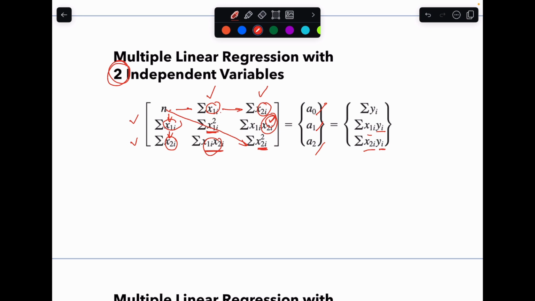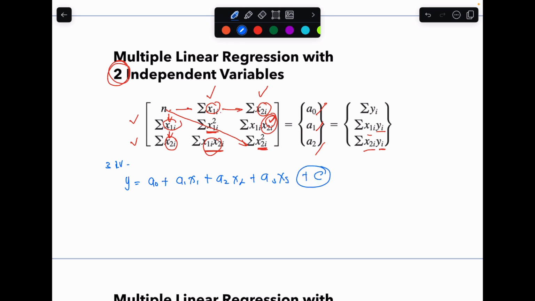But then again, if we have three independent variables, y equals a sub 0 plus a sub 1 x sub 1 plus a sub 2 x sub 2 plus a sub 3 x sub 3, plus the error.